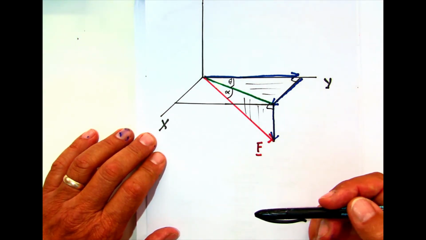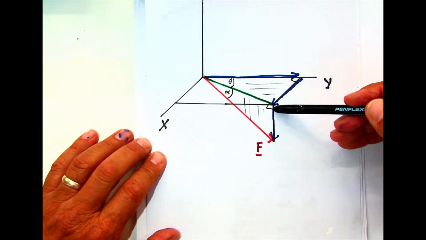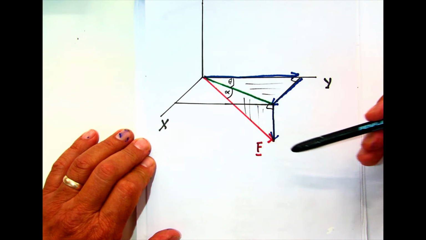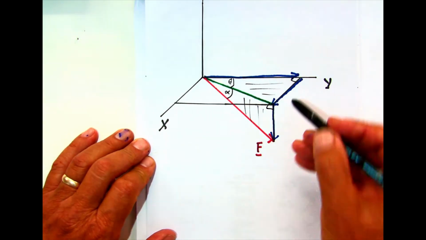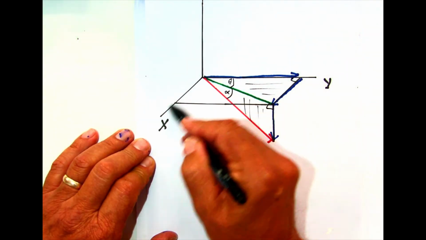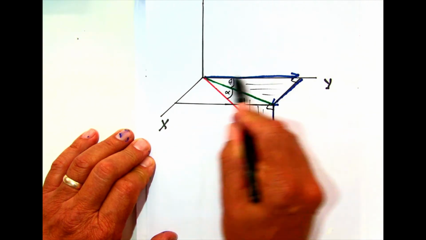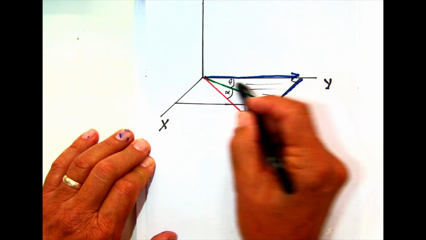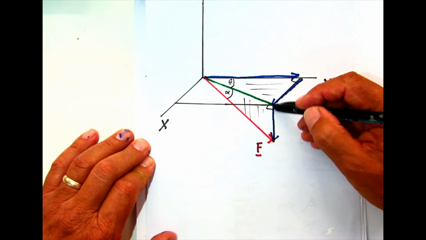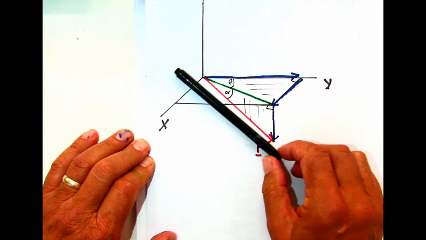So you're going to do exactly the same. Here's your z component. This is going to be your z component, a negative z component. That one there will be the x component. And that one there will be the y component. So that one plus that one plus that one gives you this resultant.